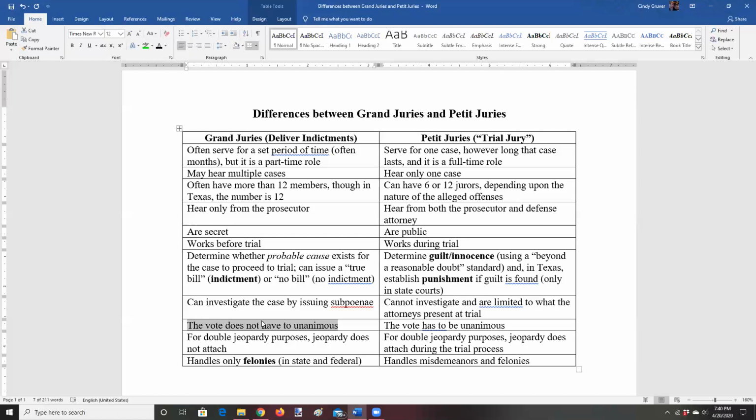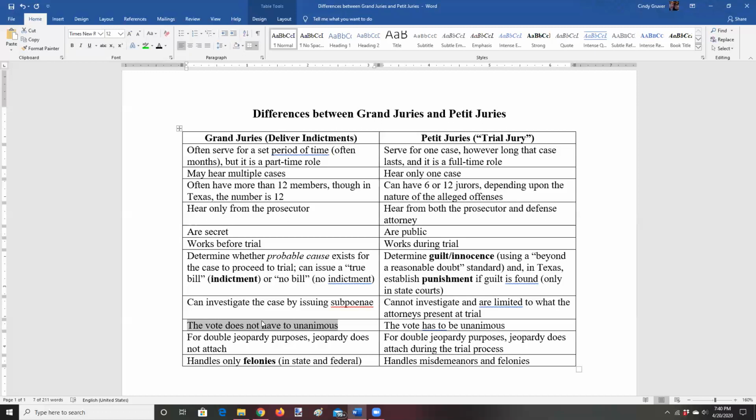If a juror decides to do some kind of investigation on his own, say Google distances between two locations or something along those lines, that's sufficient in most cases to result in a mistrial. So it's very much the case that petit jurors cannot investigate, whereas grand jurors can.